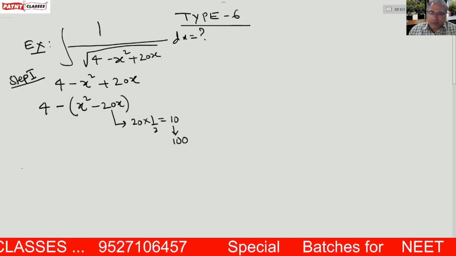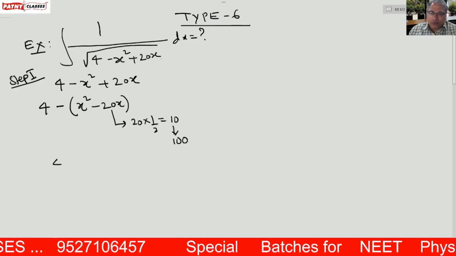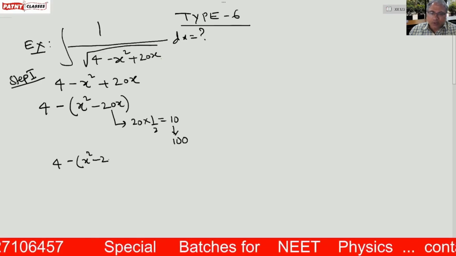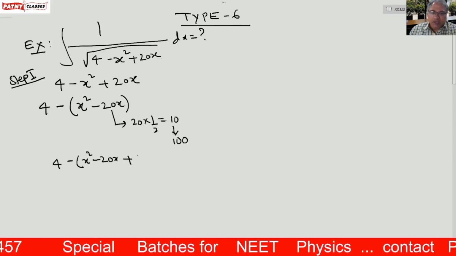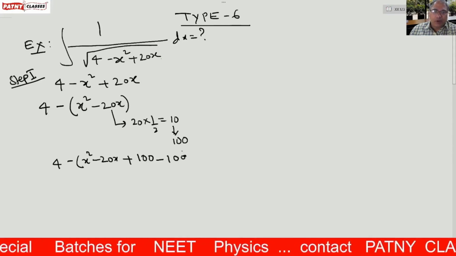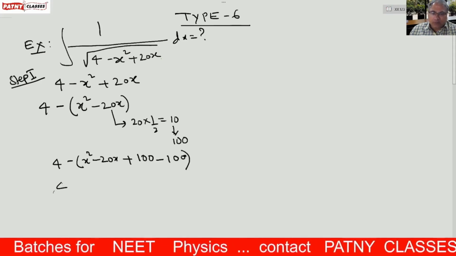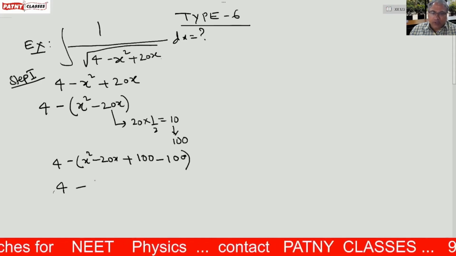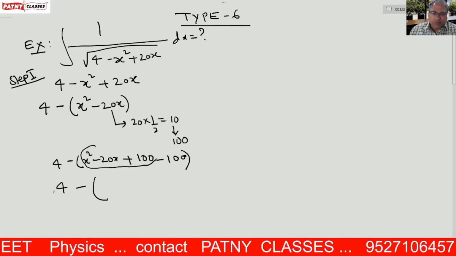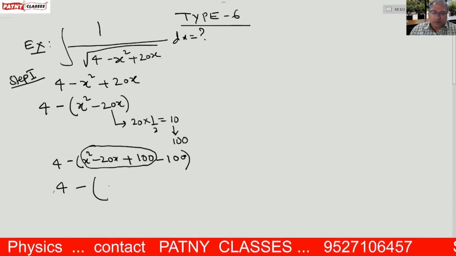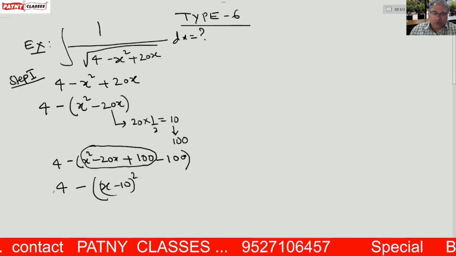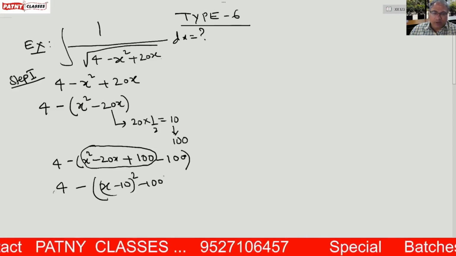That means 4 minus x square minus 20x, with addition and subtraction of 100. Now this much part becomes a perfect square, that is x minus 10 whole square minus 100.